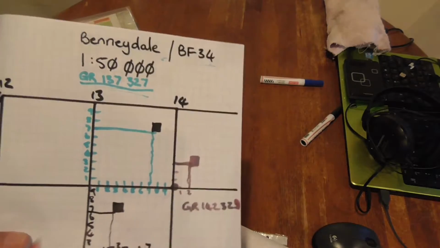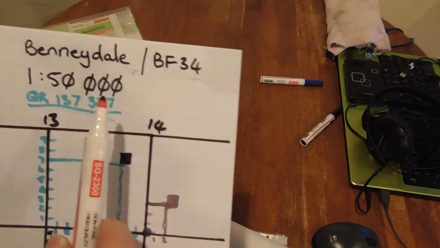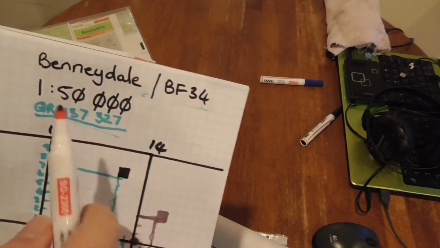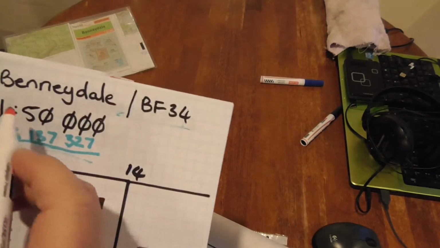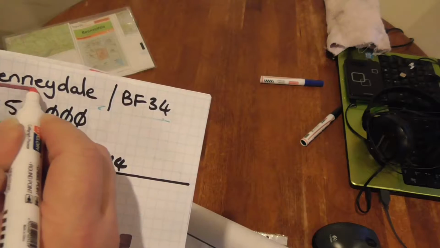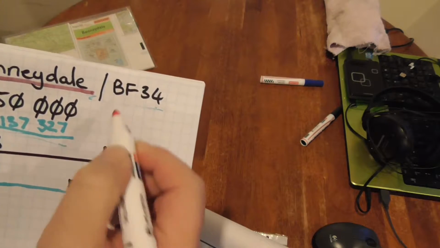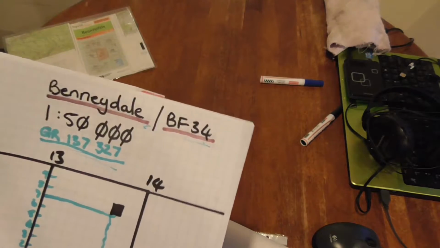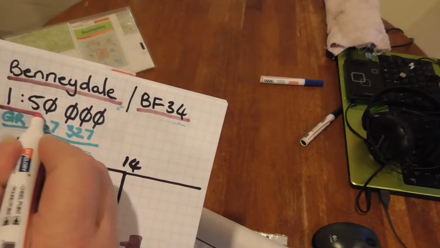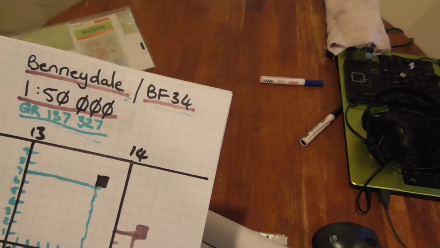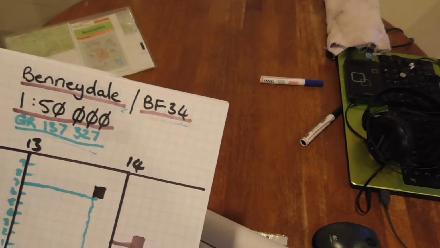Now, if they already know what map we're on, let's say you're in the military, and they already know that in the area of operations that you're using, you're already in the Bennydale area. They already know your map number is BF34. They already know that you're using the 1 in 50,000 ratio map.